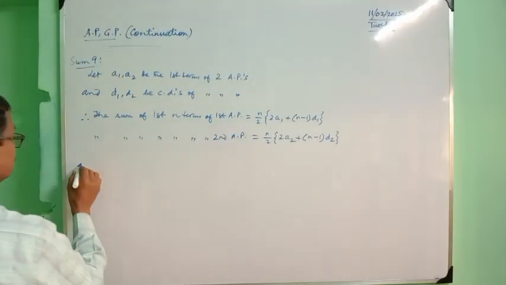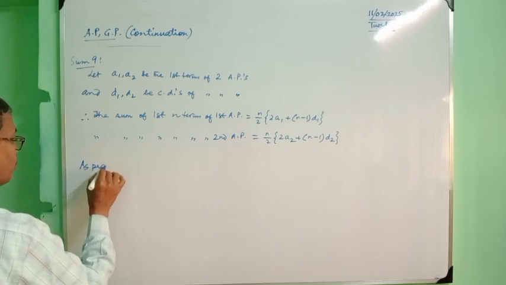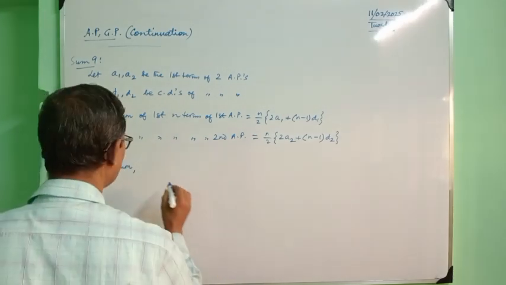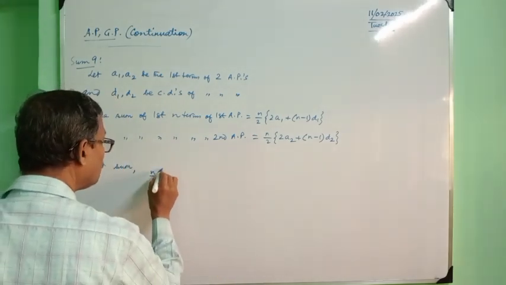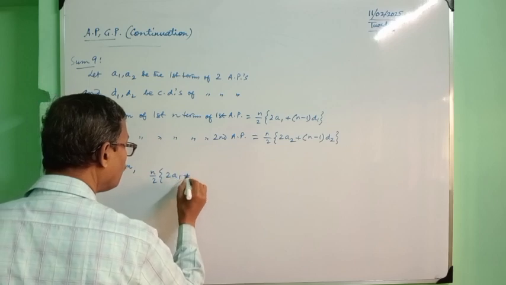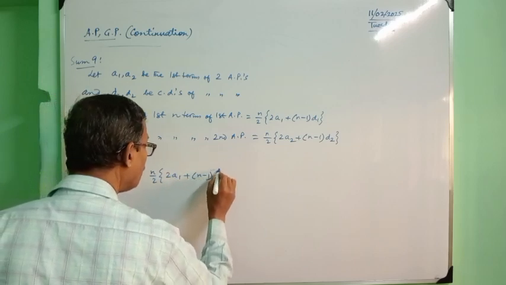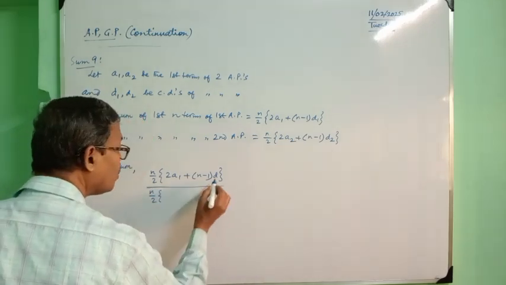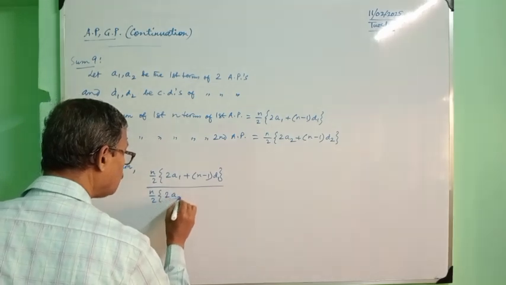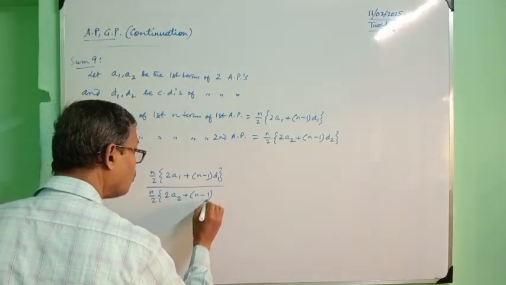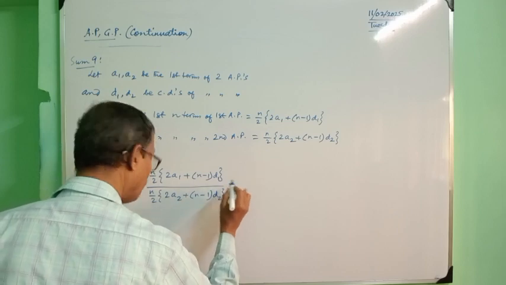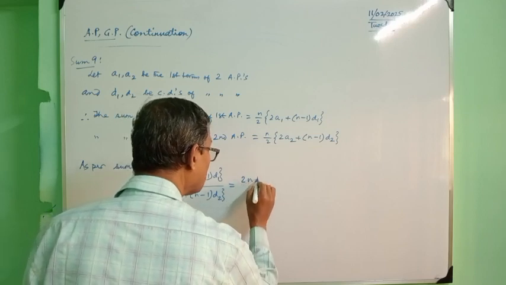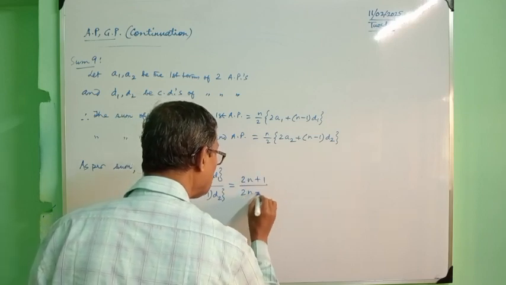Now, as per the sum, the ratio of the two sums is equal to 2n plus 1 by 2n minus 1.